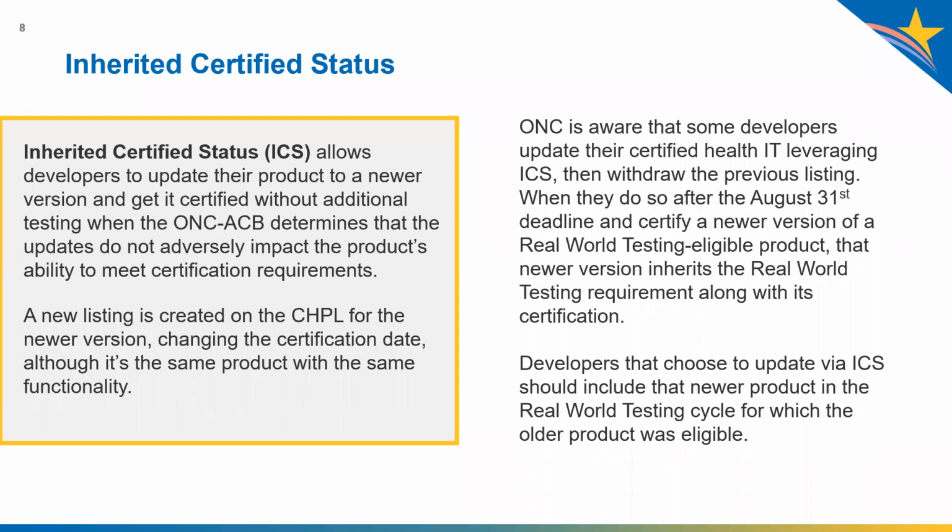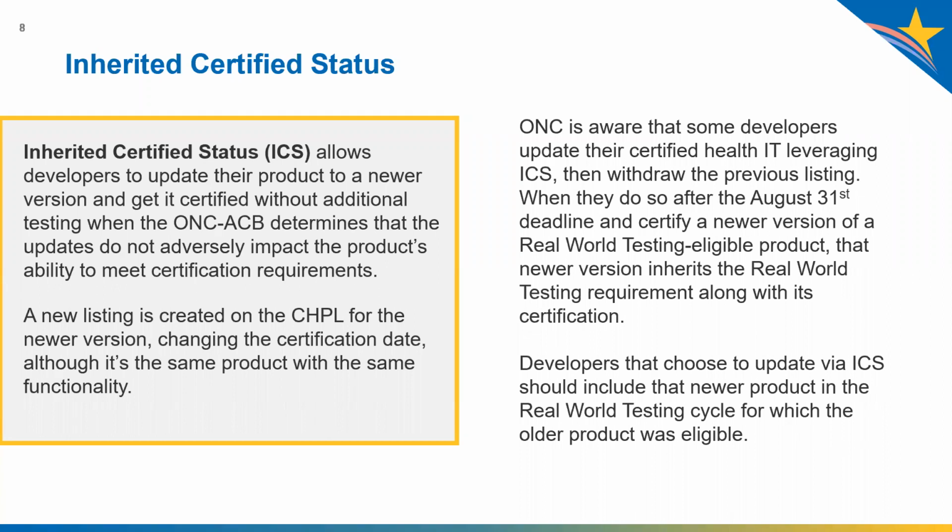When this happens, a new listing is created on the CHPL for this new version, and that changes the certification date, even though it's essentially the same product and functionality. That is in essence what inherited certified status allows: for you to get a newer version certified based on the fact that no changes have impacted the certified capabilities.